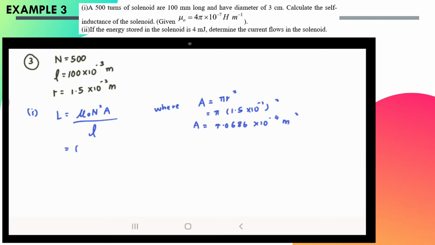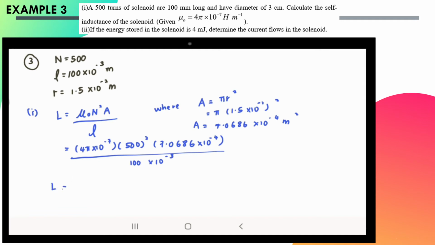So mu naught is 4 pi exponent negative 7, 500 squared, times 7.0686 exponent negative 4, over 100 times 10 power of negative 3.